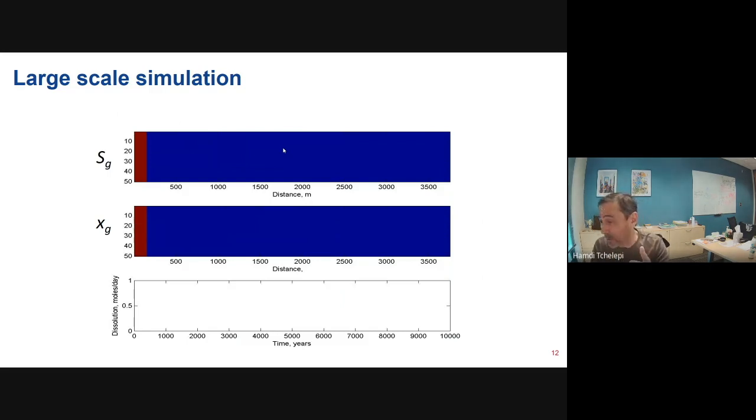The other thing that you want to think about is that the length scales associated with these perturbations to start the fingers could be very, very small, on the order of centimeters. And the size of the formation of interest could extend tens of kilometers.